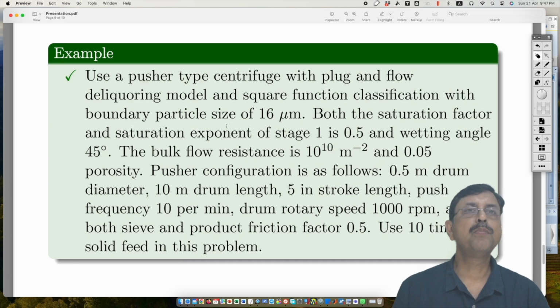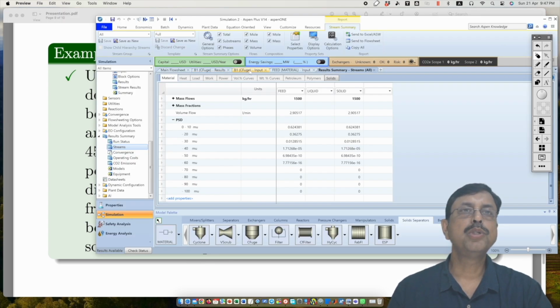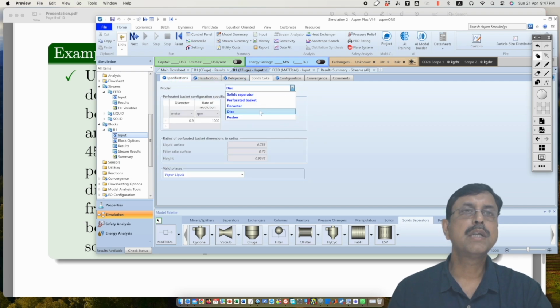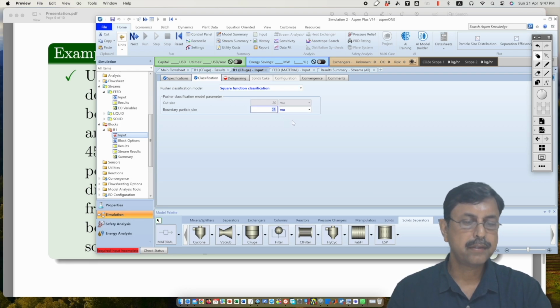The next problem is a pusher type centrifuge with plug flow deliquoring model and square function classification with boundary particle size of 16 micron. So let us use a pusher type model with square function classification, particle size 16 micron.